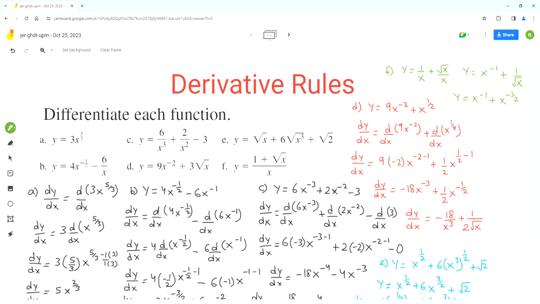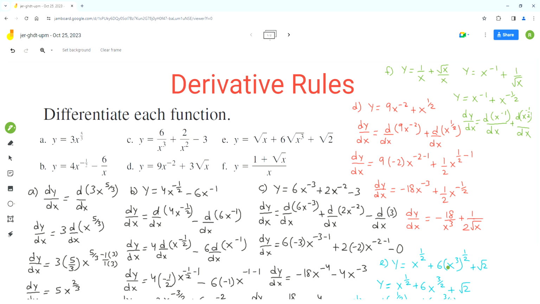So now we can find dy over dx. So it's the derivative of x to the power negative 1 over dx plus the derivative of x to the power negative half over dx.